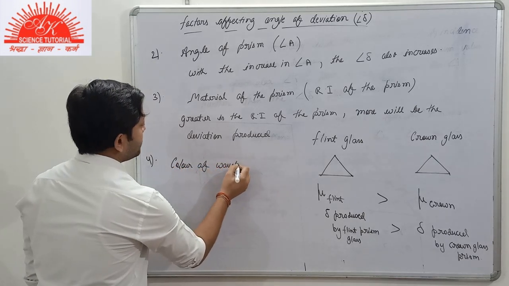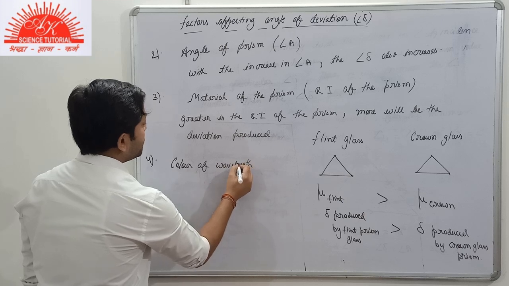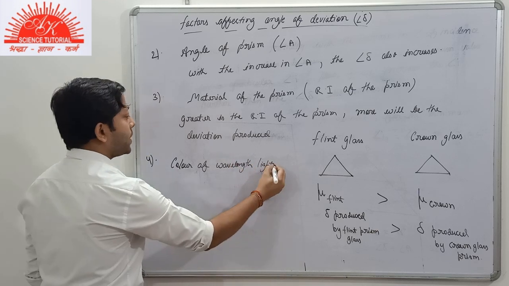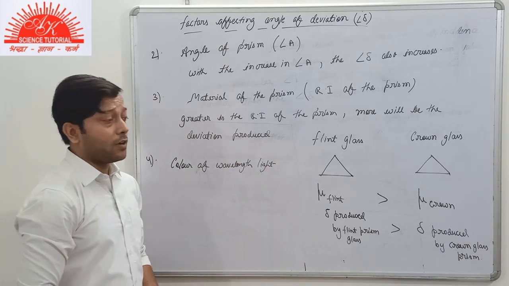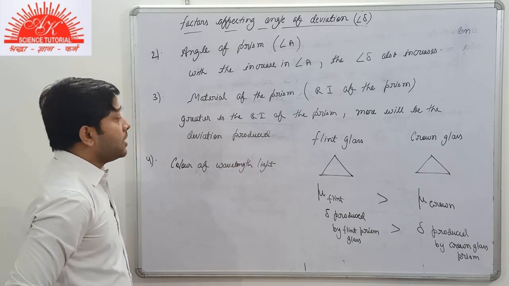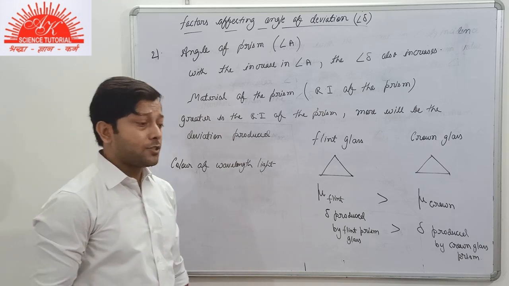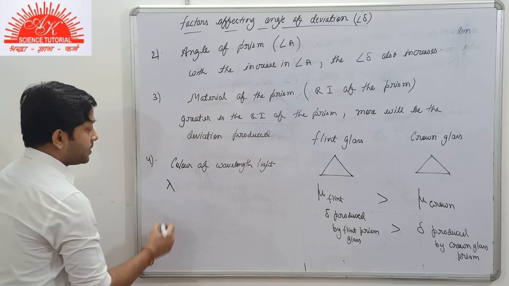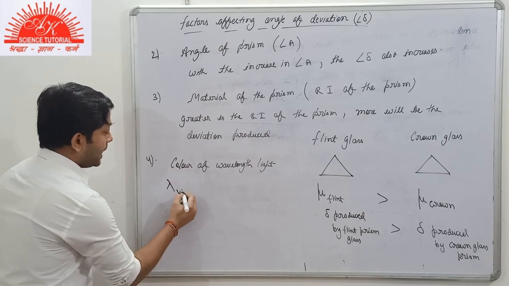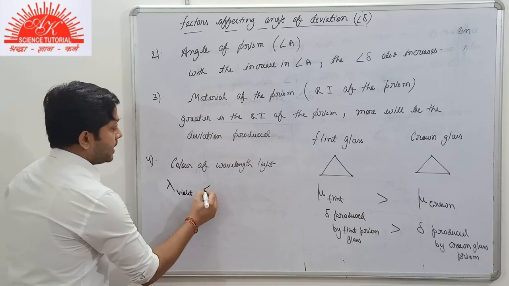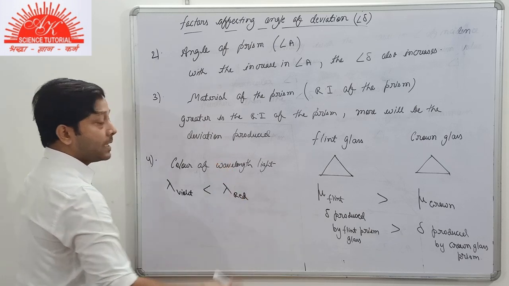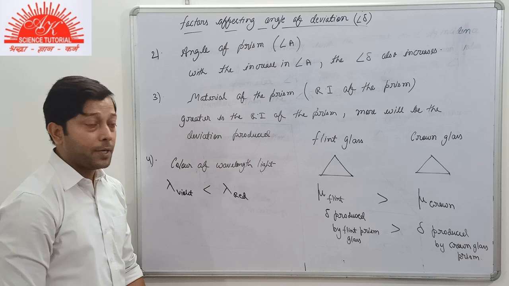Now we move to the last factor, that is about the color or wavelength of light. You can do this part on your own because we have done it earlier in the last topics. Color or wavelength of light. As you know about the different colors of light starting from violet to red, the wavelength for violet color of light is minimum, and the wavelength for red color of light is maximum in any transparent medium.